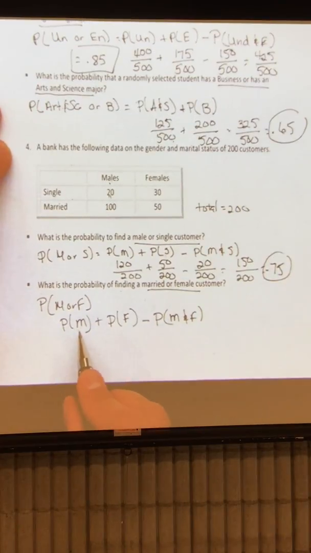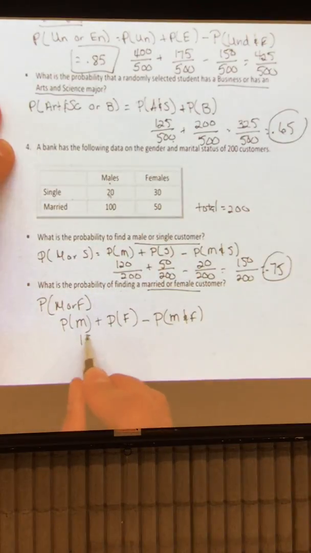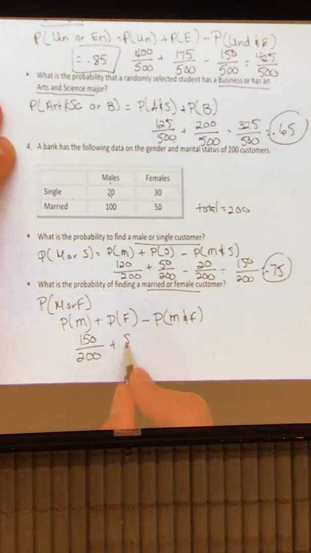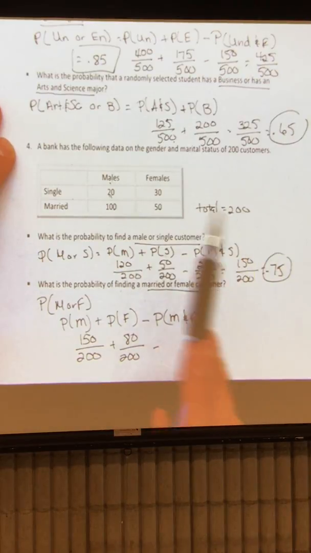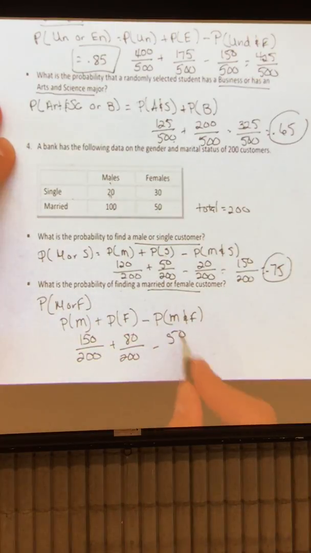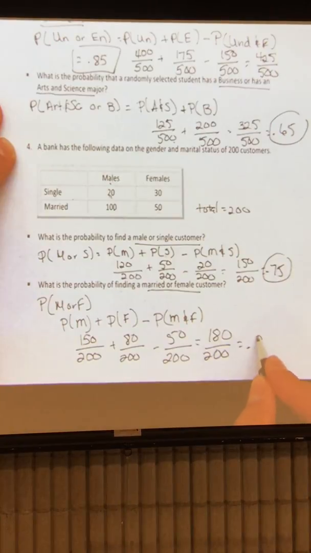The probability of married: 100 plus 50 is the total married, 150 divided by 200, plus the probability of female, 80 females over 200, minus both married and female. Married and female is 50, so minus 50 divided by 200, and that is equal to 180 divided by 200, which is 0.90. And this completes Chapter 6, Section 6.